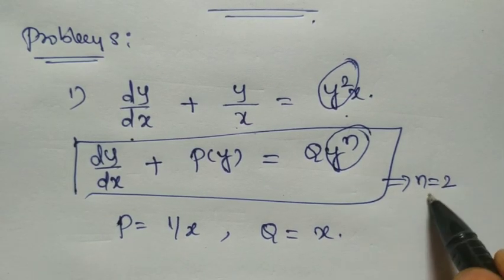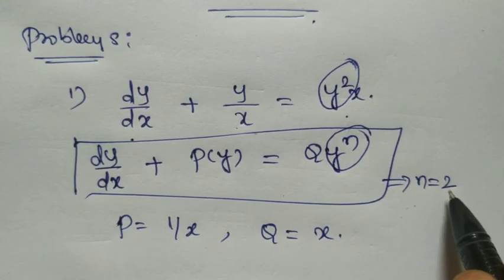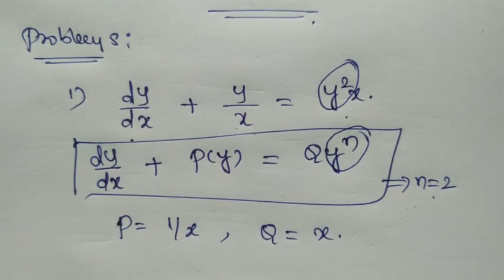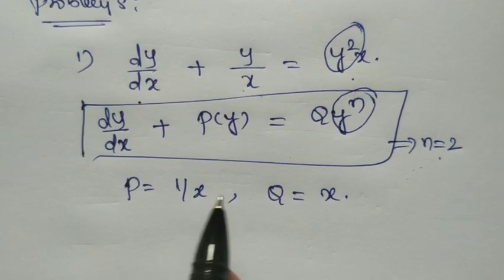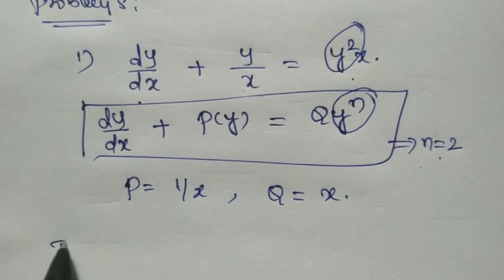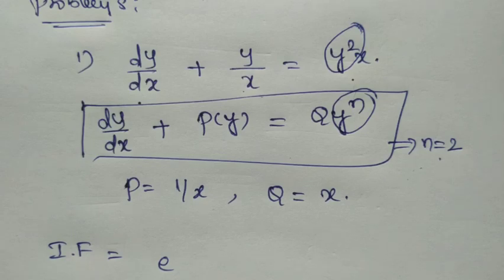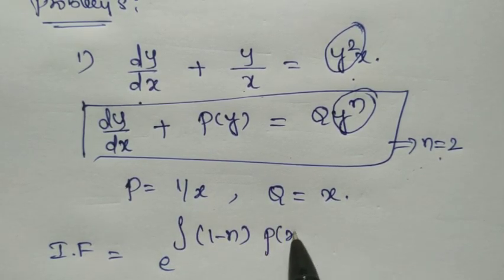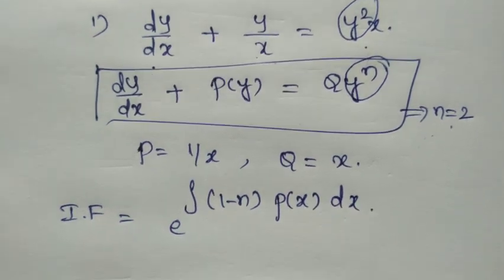So n equal to 2 is nothing but n value is greater than 1. So this problem belongs to case 2 of Bernoulli's equation. In case 2 of Bernoulli's equation, what is the integrating factor? It is e power integration of (1 minus n) times p of x dx.